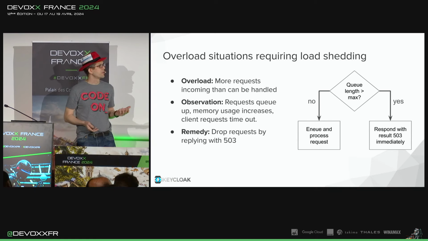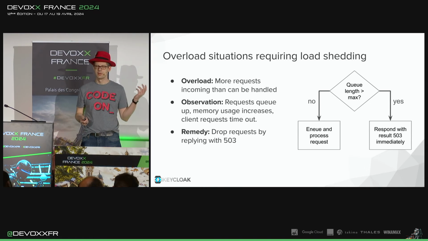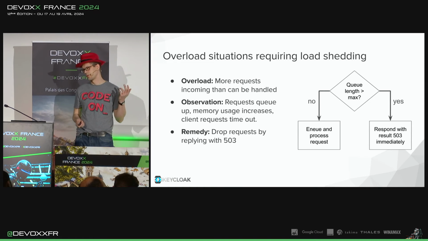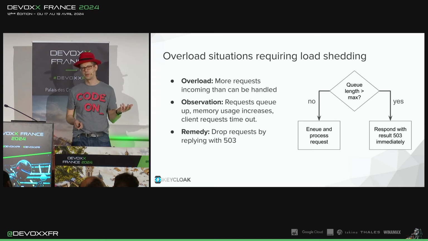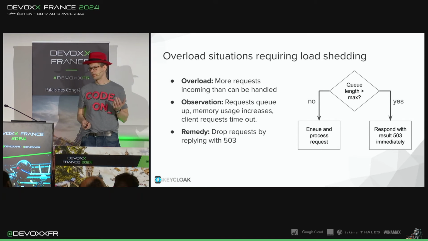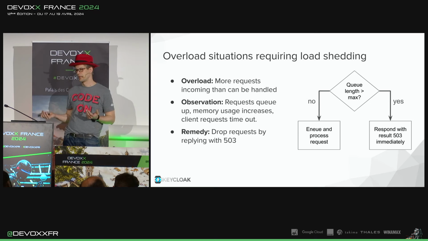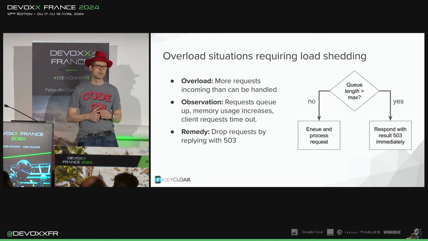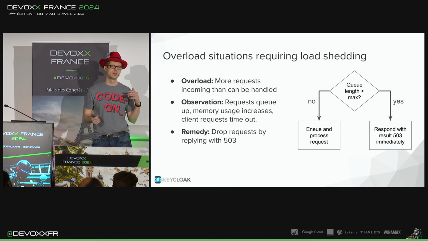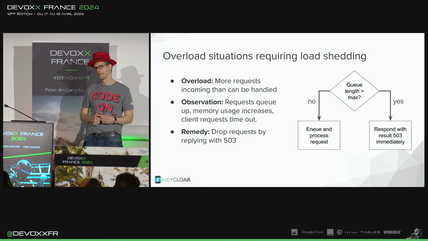And what we implemented, as a first implementation that's part of Keycloak 24, is a queue length that you can configure. If the queue length is already at its maximum, we respond with a 503 response immediately, and if the queue is not full yet, we enqueue the request.